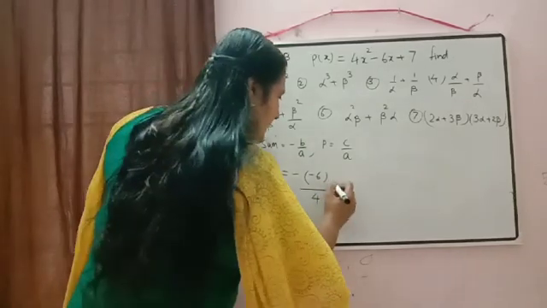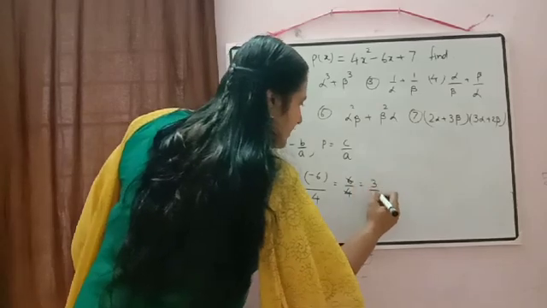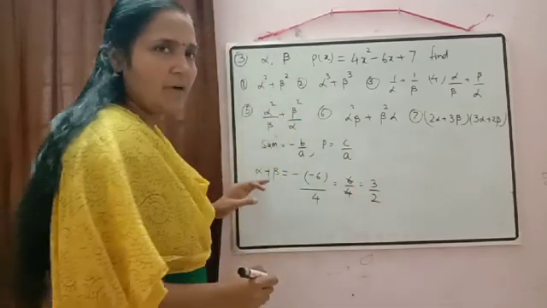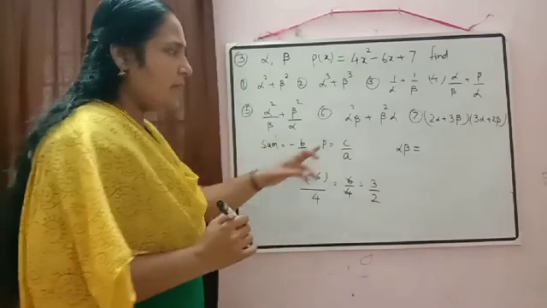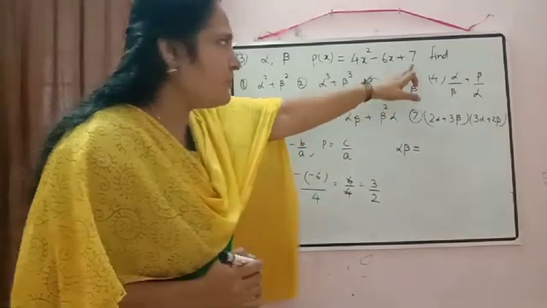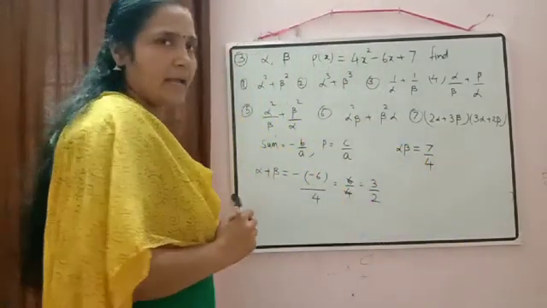Then we will get 6 by 4, which can be written as 3 by 2. So the value of alpha plus beta is equal to 3 by 2, and the product of the zeros, alpha into beta, formula is c by a. The value of c is 7. So we will get alpha beta is equal to 7 by 4.